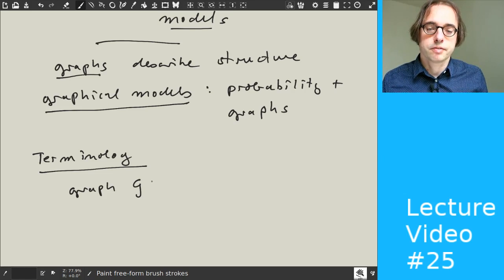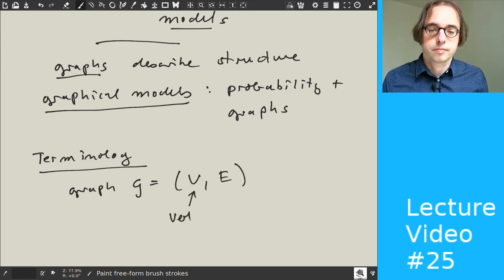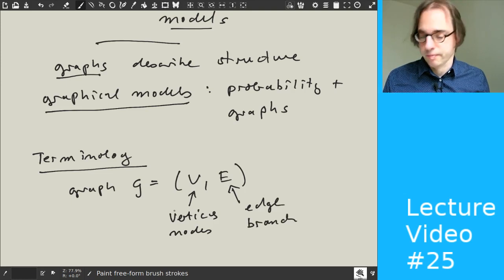So a graph consists of edges and vertices, nodes and edges, and they're also called branches, especially if it's a tree.